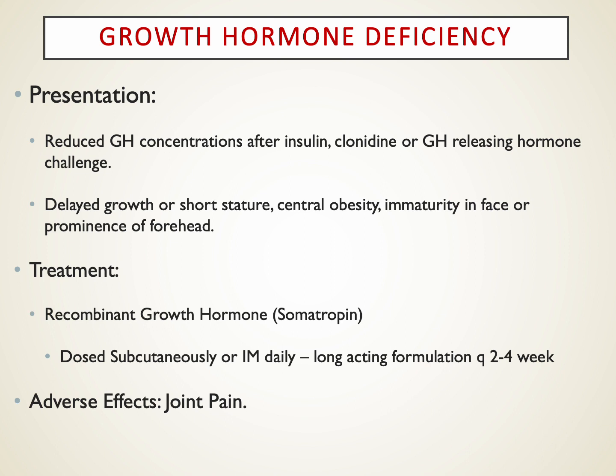Delayed growth and short stature is a common presentation on the growth curve. You'll often see these folks at the lower quartile. They may also present with central obesity, immaturity, and facial prominence of the forehead. This is typically looked at in late childhood or early adolescence.